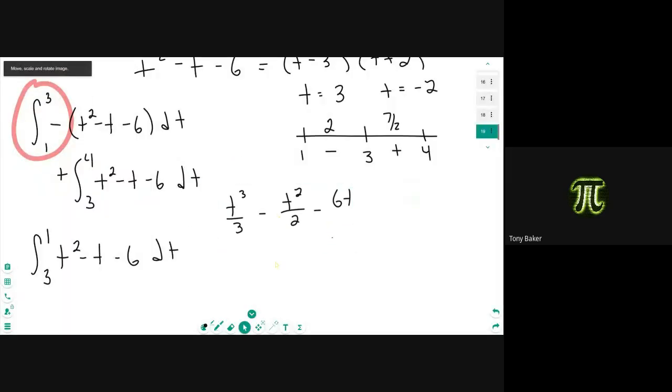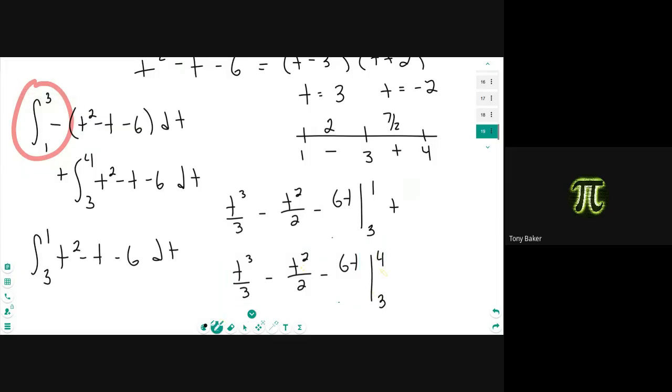So I just have to do this from 3 to 1 plus from 3 to 4.